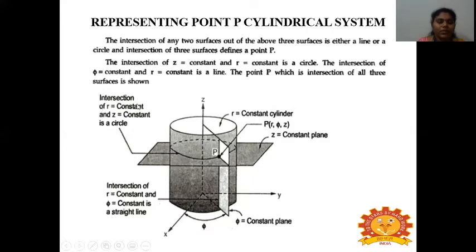The intersection of r equal to constant and z equal to constant gives a circle. The intersection of r equal to constant and phi equal to constant gives a straight line. When phi is equal to constant, we obtain a plane which is vertically perpendicular to x and y. So the point P is where all three surfaces intersect, as shown here.